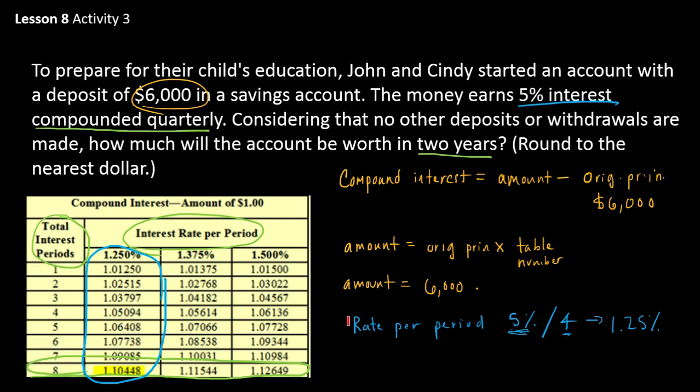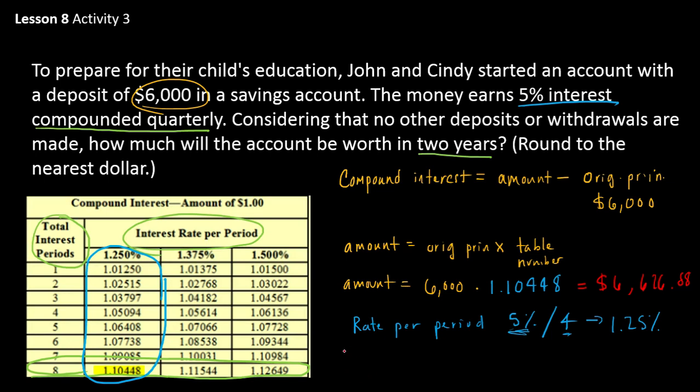So I'm going to plug that in, 1.10448. Okay, I carry out my multiplication. I find that my amount equals, let's see what that is, 6,626.88.